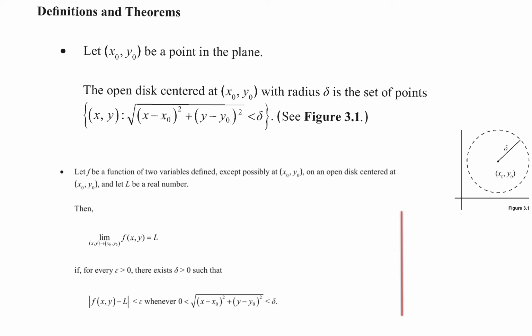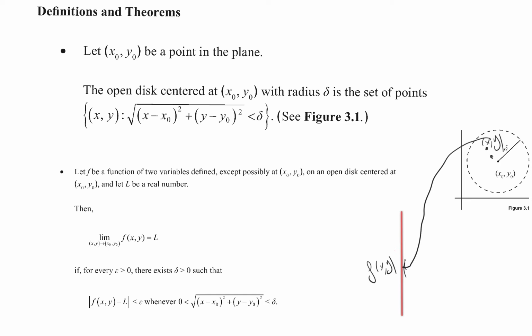So if I choose a point here, xy, let's say here inside the disk, the point will have an image f of xy on the theta axis. Let's say that for this point xy, the image is here. So this is f of xy. Let's say that I'm approaching the point x0, y0.